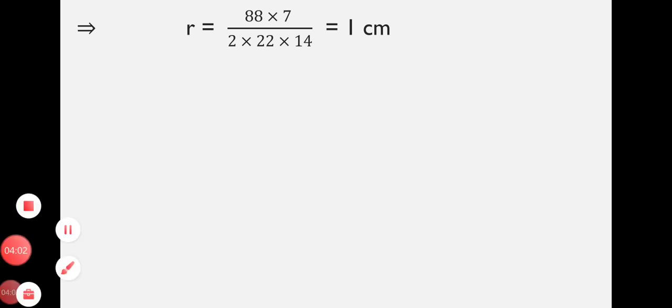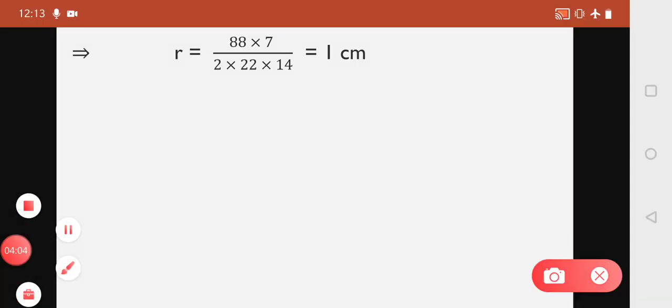Solving further, we get r equal to 88 upon 7 divided by 2 into 22 into 14. By solving it, we will get 1 centimeter. Let's cross-check by solving also. See, 22 ones are 22 and 22 fours are 88.